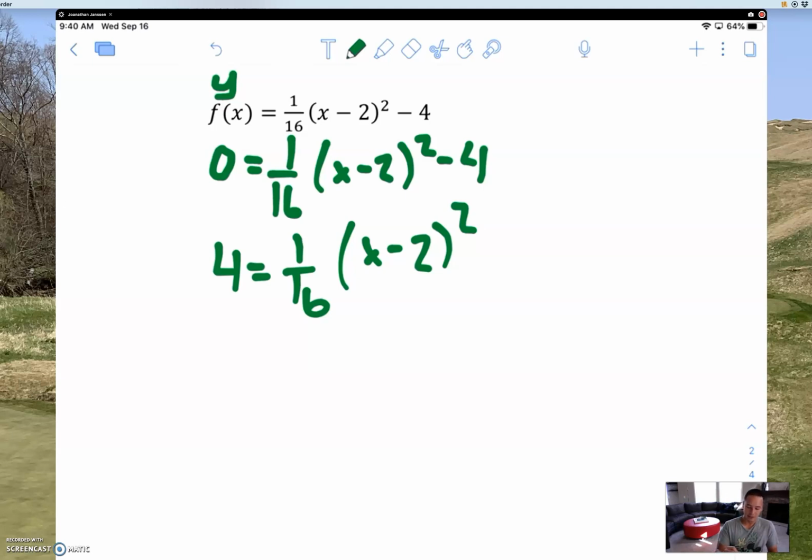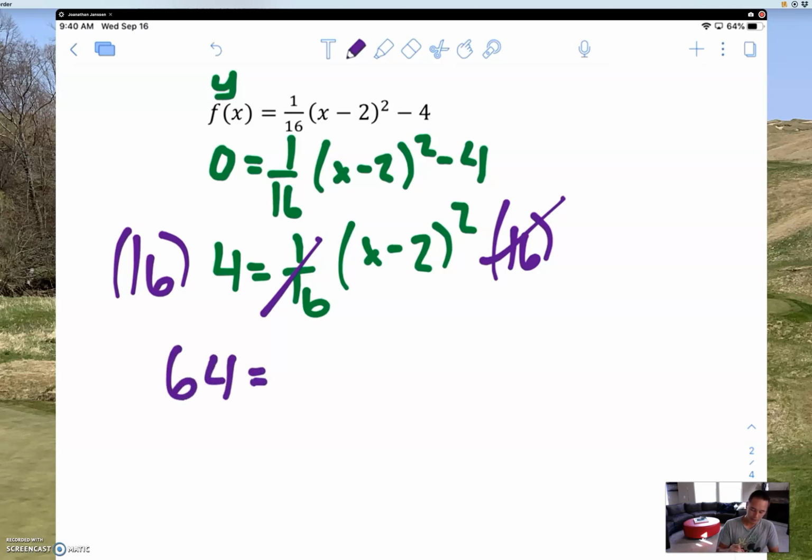So I'm going to multiply by 16 on one side, multiply by 16 on the other side, and those will end up canceling because 1/16 times 16 just becomes a 1. On the left side, 16 times 4 gives us 64 equals (x minus 2) squared.